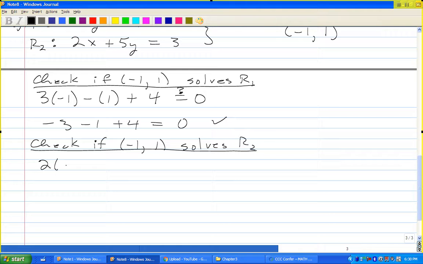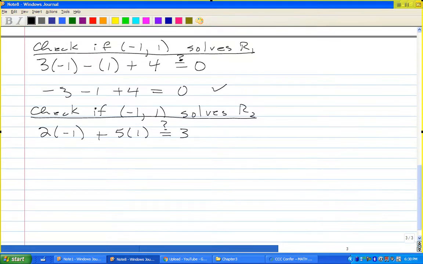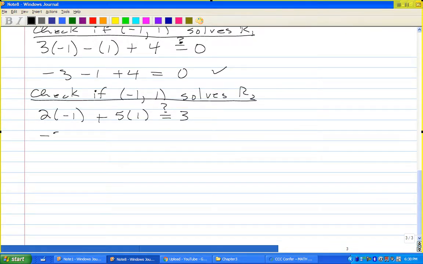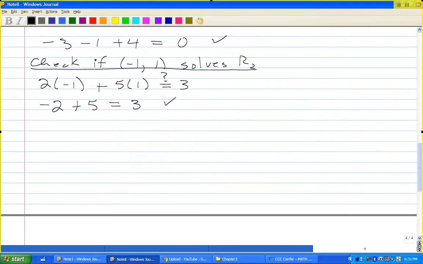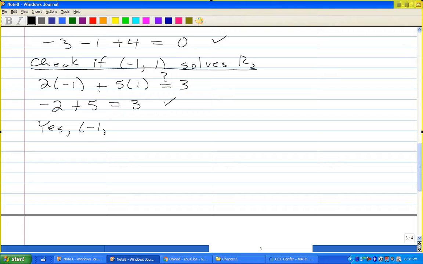Is 2x plus 5y equal to 3? Is negative 2 plus 5 equal to 3? Yes. Since the ordered pair solves both the first and the second equation, then yes, (-1, 1) is a solution.